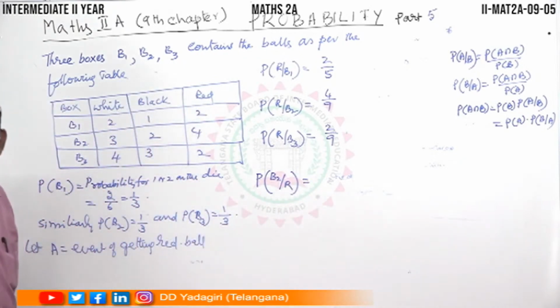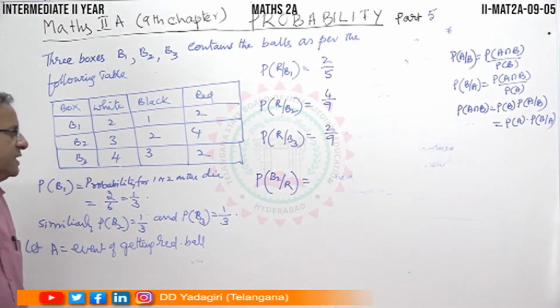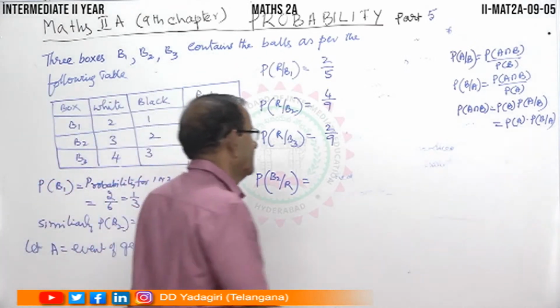P of B2 by R. What does Bayes' theorem say?